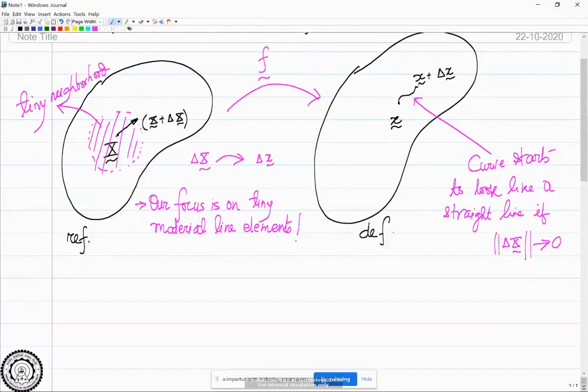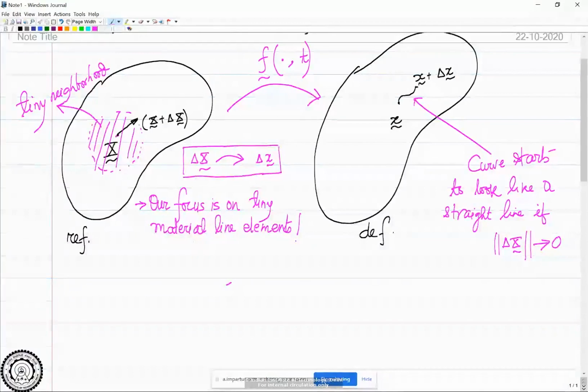This is what we learned in the last class, and which changes with time as the body deforms, as the body undergoes motion, the deformation also changes. But our goal finally is to relate undeformed and deformed material line elements. So to do that, we can do the following.